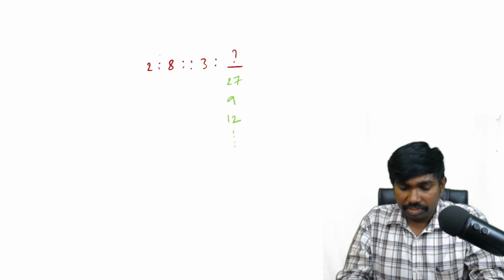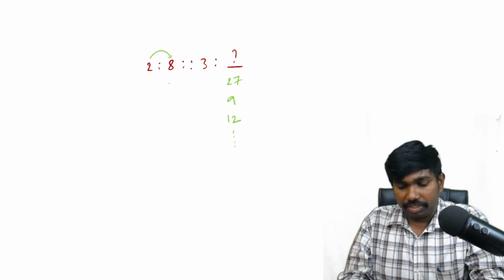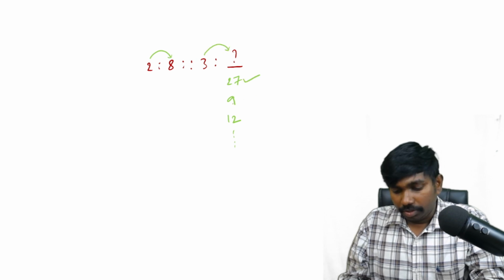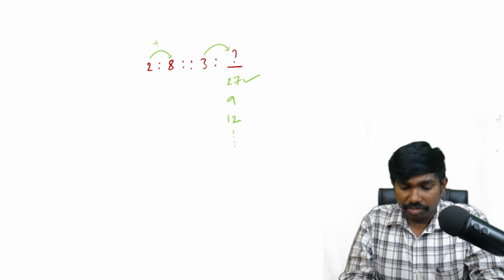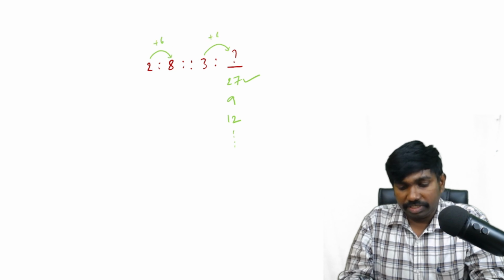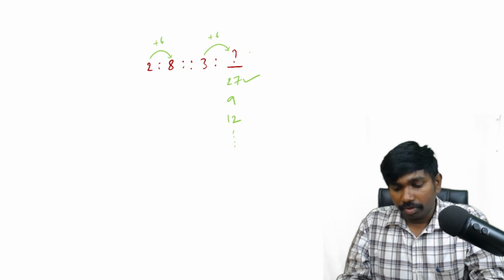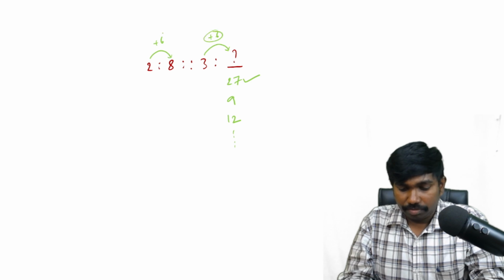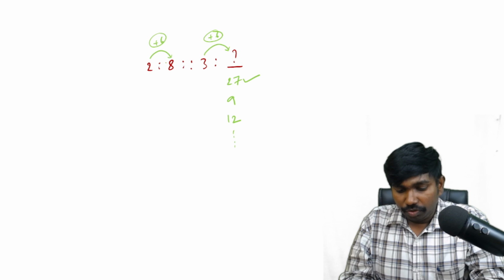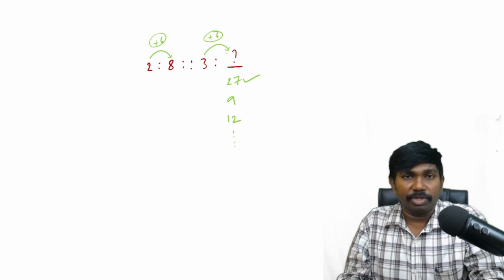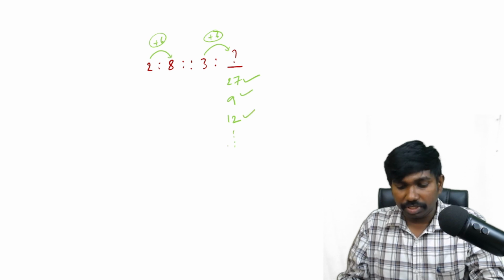So how can we get 27? Because 2 cube is 8, so 3 cube must be the answer, that is 27, correct? How can it be 9? 2 plus 6 is 8, taking the logic plus 6, and we can apply the same plus 6. That can also be the logic. And how can it be 12? 2 into 4 is 8, 3 into 4 must be 12. Yes, that is also correct.